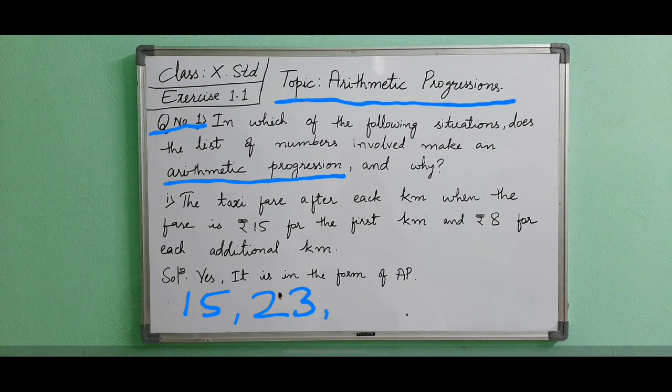Then again in 23 we need to add 8, so it will be 31. In 31 if we add 8 it is 39. So the terms are in AP. Why? Because the difference is the same. In each term we are adding 8, which means the difference is 8 itself. That's why we can say they are in AP, because the difference is equal.